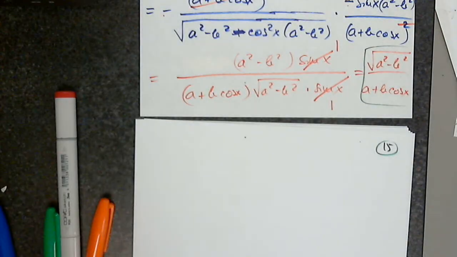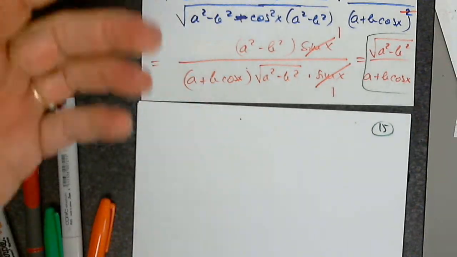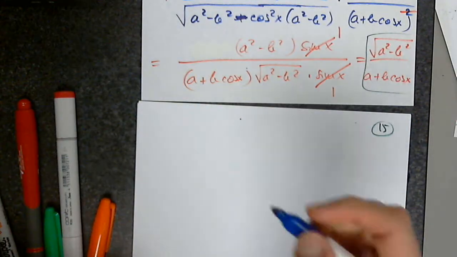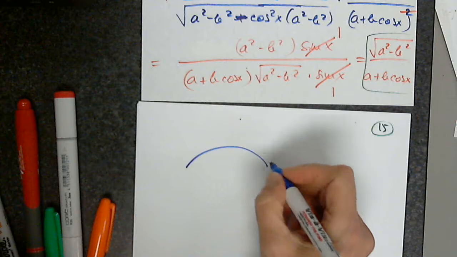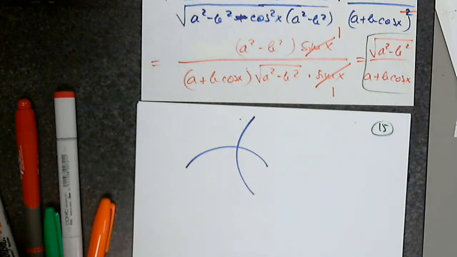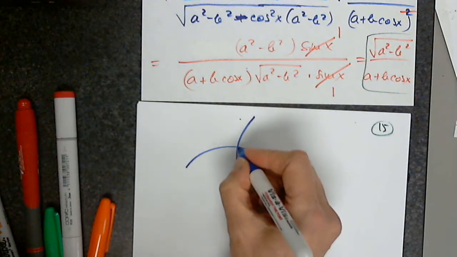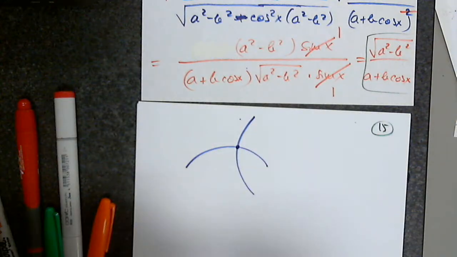Let me explain this. This is a very interesting application of differentiation rules. So let's say I have this curve, and let's say I have this curve. They do intersect only once.